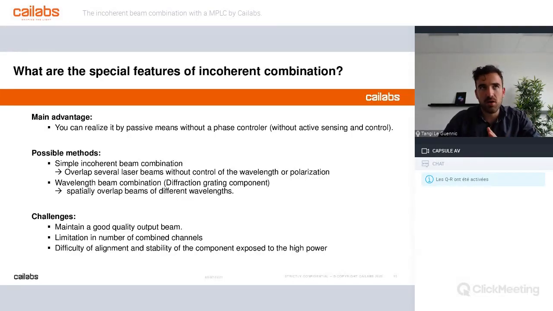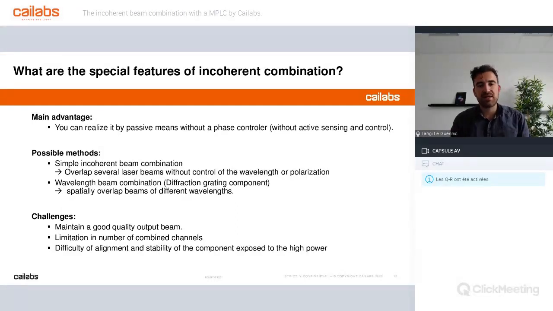As you maybe already understood, you can realize it by passive means without a phase controller, without active sensing and control, which are the most complicated things to do with coherent combination. And for incoherent beam combination, there are different possible methods. You can, for example, overlap several laser beams without control of the wavelengths or polarization. This is what we chose. I'm going to explain how we do it after.